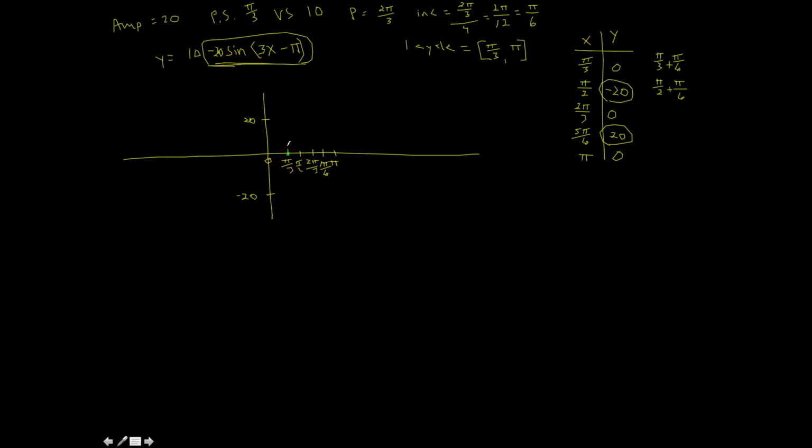Okay, and then we have pi over 2, negative 20. We have 2 pi over 3, 0. We have 5 pi over 6, 20. And then we have pi, 0. Now, this is what it looks like.